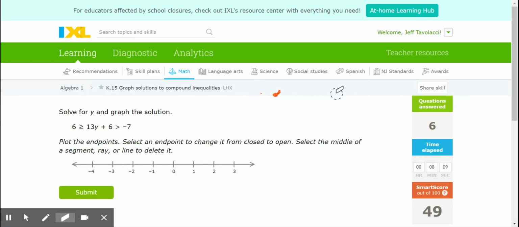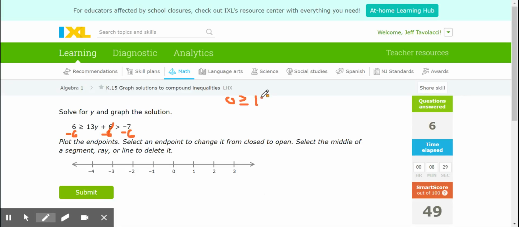All right, connected again, starting to look a little bit challenging. It's not going to be as bad as you think. We'll start off by subtracting 6 in all 3 sections. Anything plus its opposite is 0, which is greater than or equal to, that cancels.